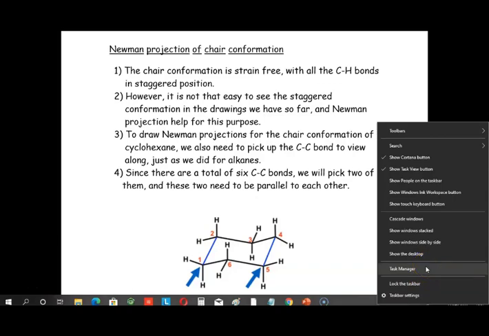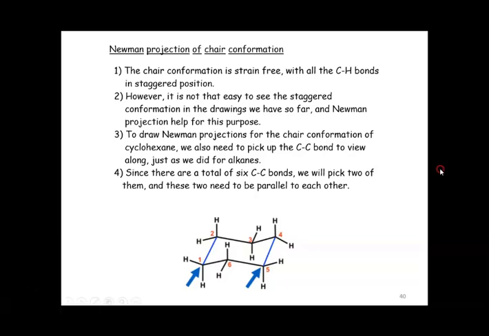Newman projection will help for this purpose. Now to draw the Newman projection for the chair conformation of cyclohexane, we also need to pick up the carbon-carbon single bond along which we want to view the structure, just as we saw in the case of earlier alkanes.